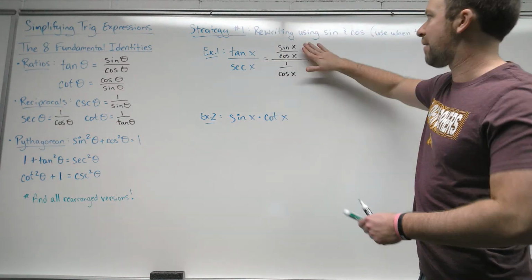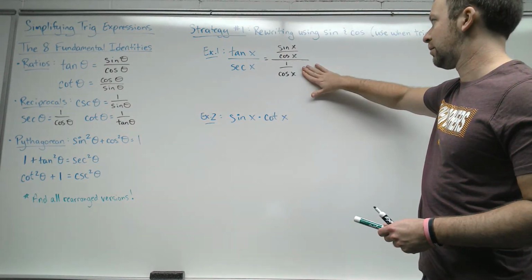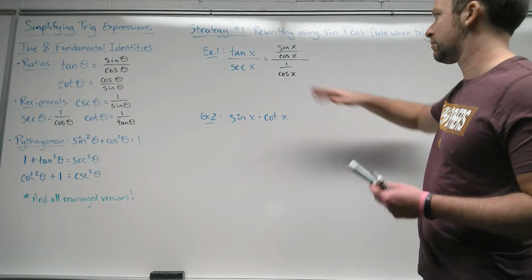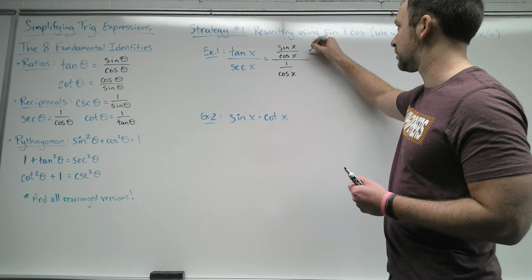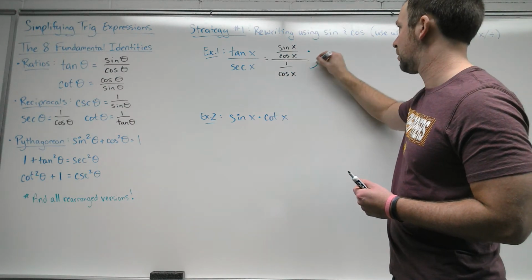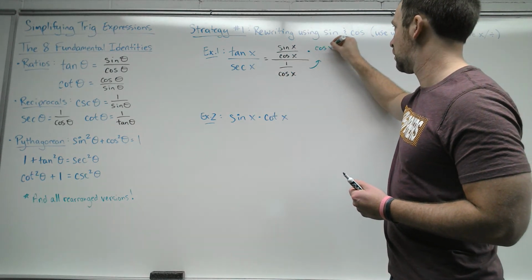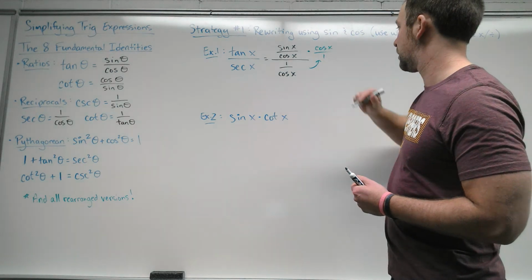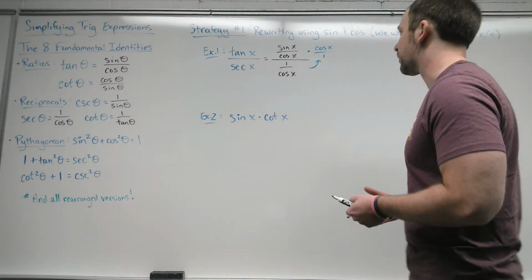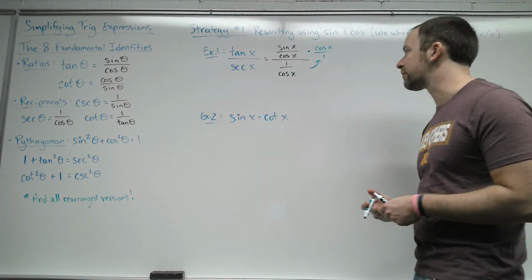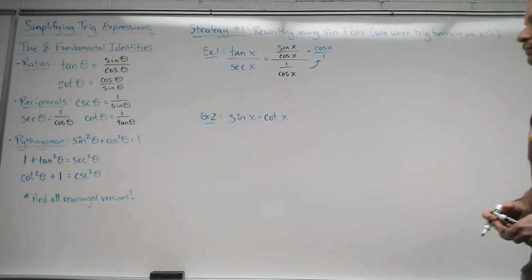Because here I have a fraction divided by a fraction. How do I do that again? Well, a fraction divided by a fraction is the same thing as taking a fraction and multiplying it by its reciprocal. That's something we should use often enough in algebra that we're comfortable with it, but if we're not, it's a chance to review that.